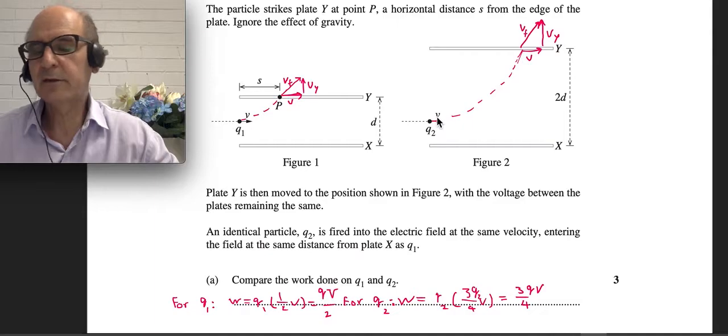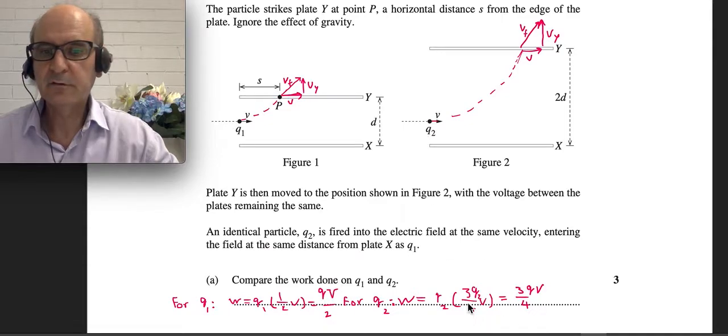So that means 3/4 of the voltage also is on this side, from here to here. So we have the change in kinetic energy equal to the charge times the potential difference that it goes through, which is 3/4 of V. And that gives us 3/4 times Q times V.